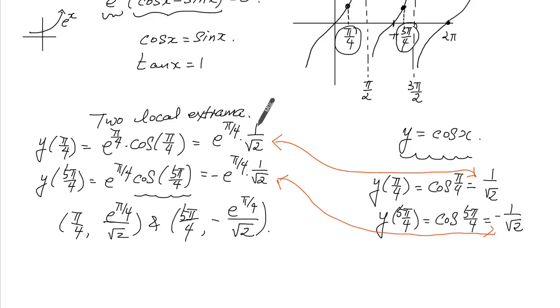As you can see, the y coordinates for our function e to the x times cos of x are scaled by this constant here, right? The rest is the same. 1 over root 2 and negative 1 over root 2 is the same for the y values of cos of x. So this scaling is the difference between this guy and this guy.